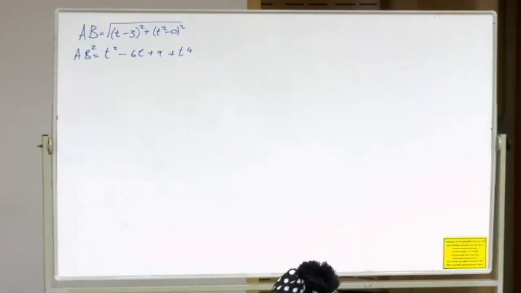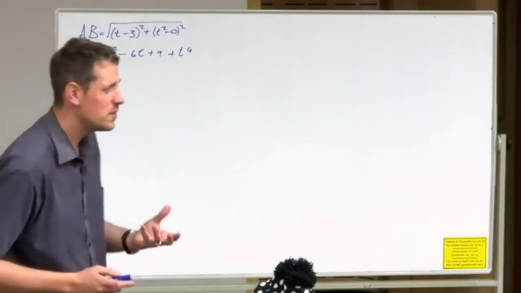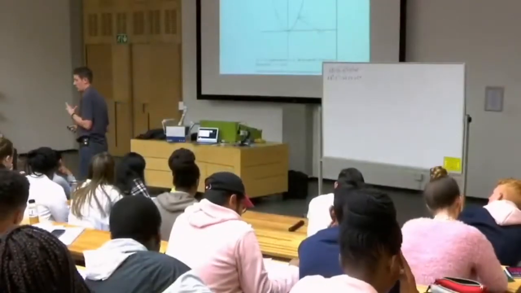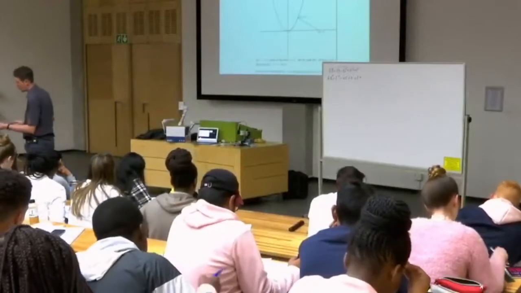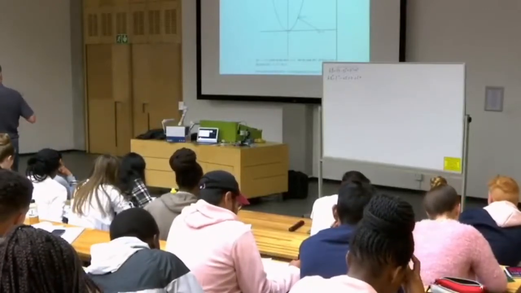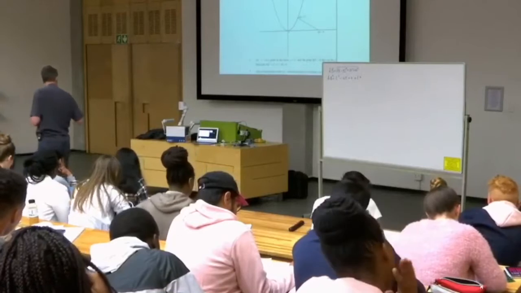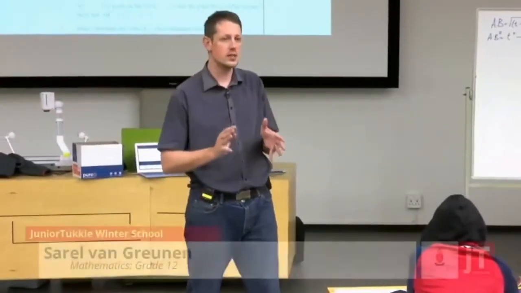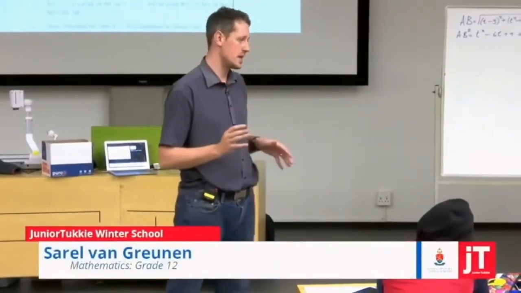Question 2 is a bit more of an interesting little bugger, because quite a few of you guys get tripped up on the English in this specific question. It says here, hence, determine the value of t which minimizes the distance AB.